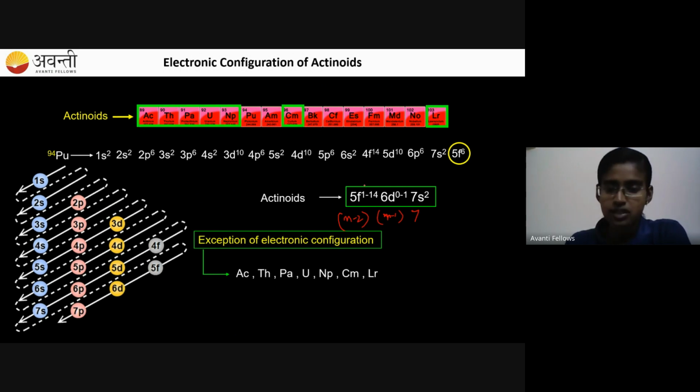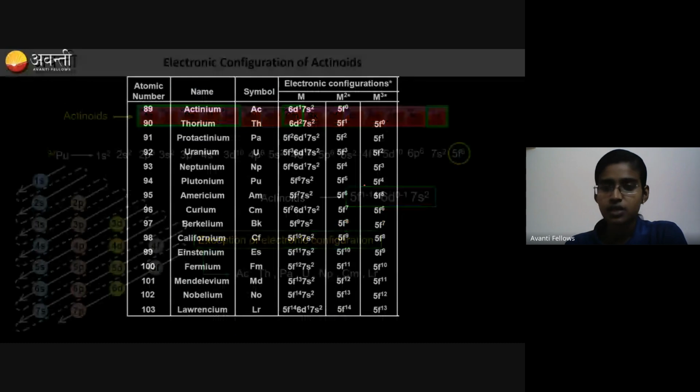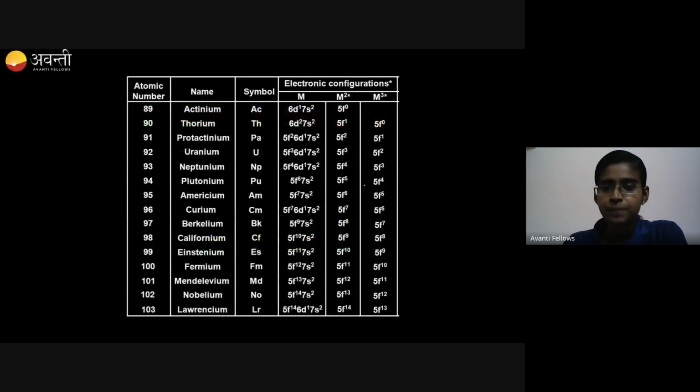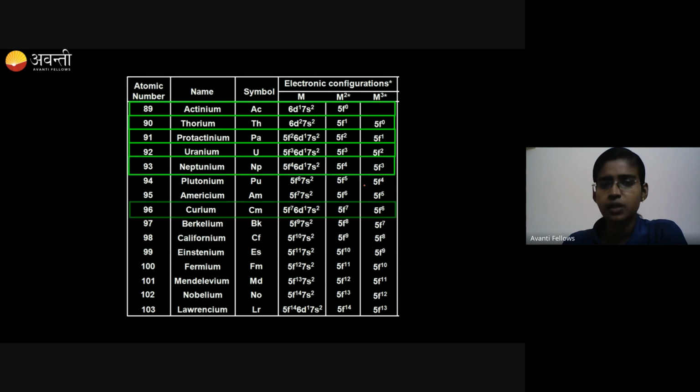Exceptions: actinium, thorium, protactinium, uranium, neptunium, curium, and lawrencium. These are the exceptions to this given electronic configuration. You can see here the tabular column for actinoids. As I have told you, the exceptions are observed in actinium, thorium, protactinium, uranium, neptunium, curium, and lawrencium.